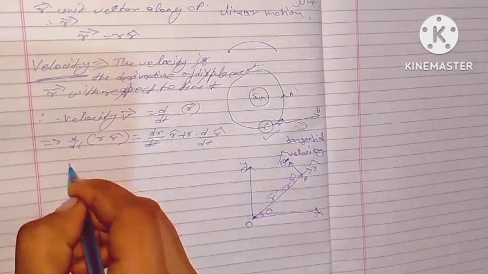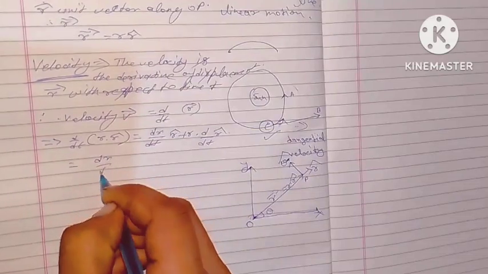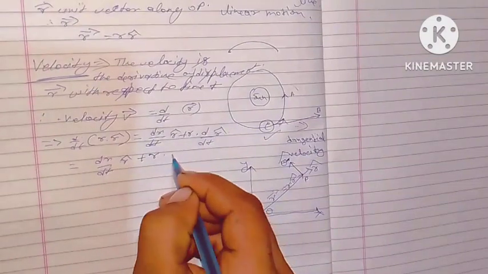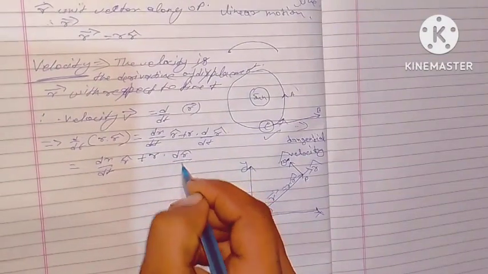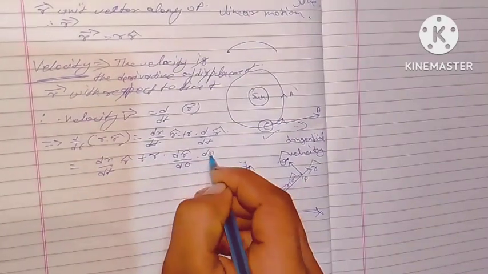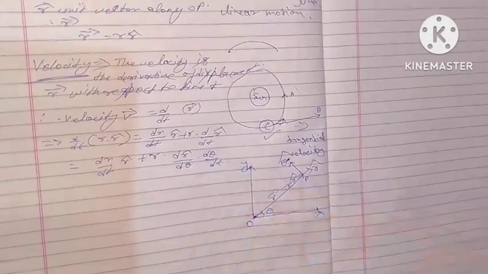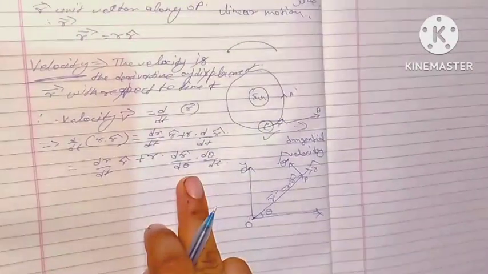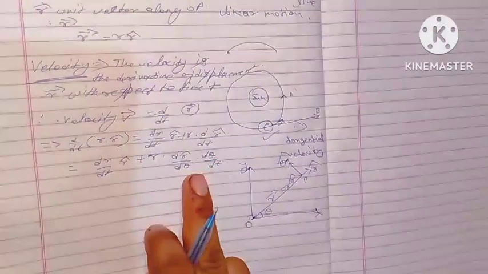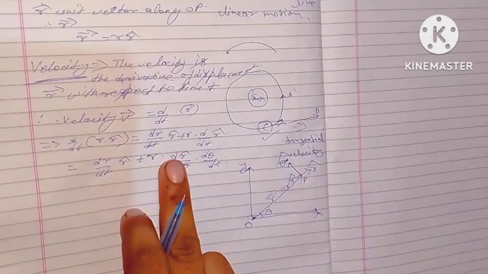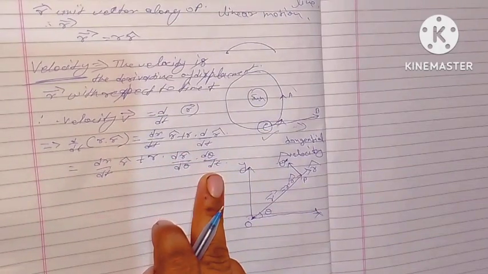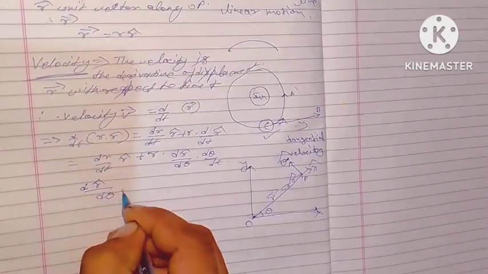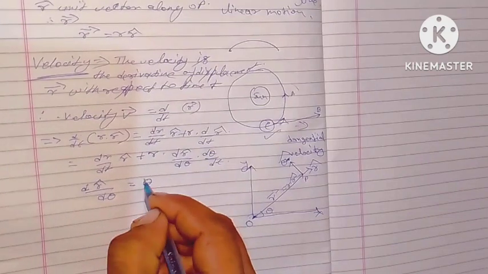So the value is dr by dt unit vector r plus r times d unit vector r by d theta times d theta by dt. We multiply and divide by d theta, because the d theta terms cancel out, and the value is d unit vector r upon dt. But d unit vector r upon d theta equals unit vector theta.